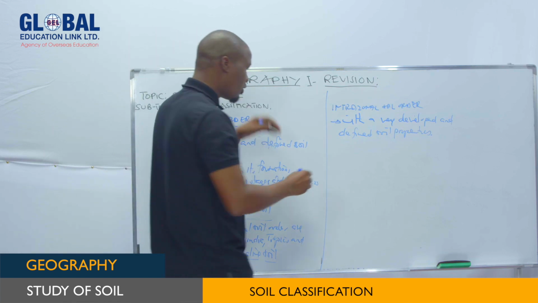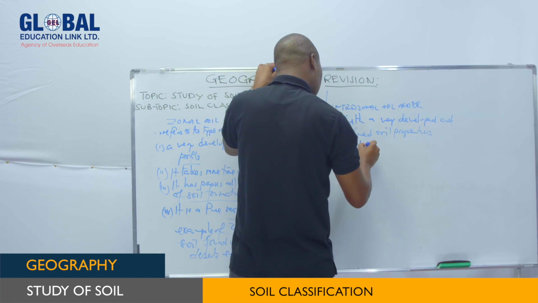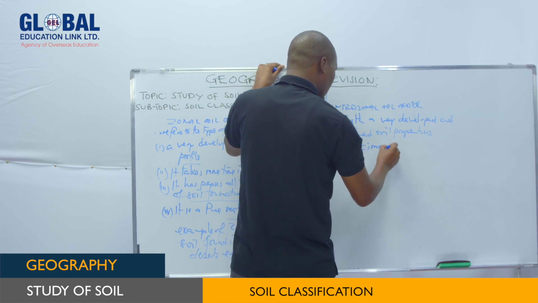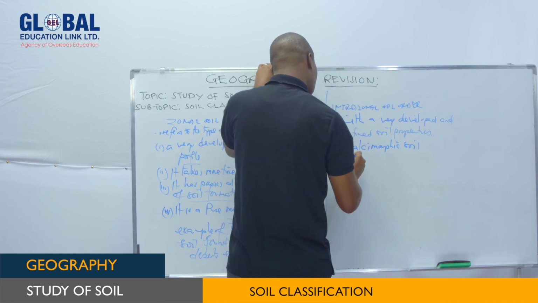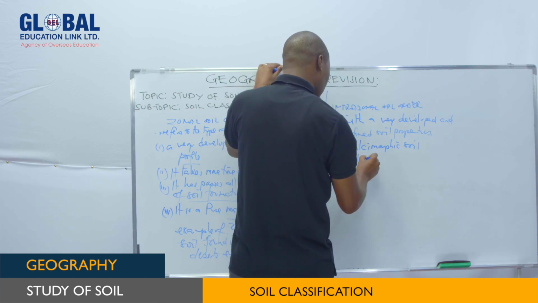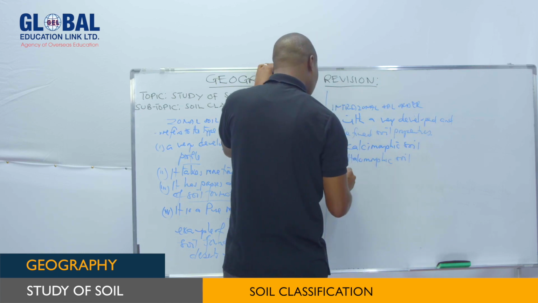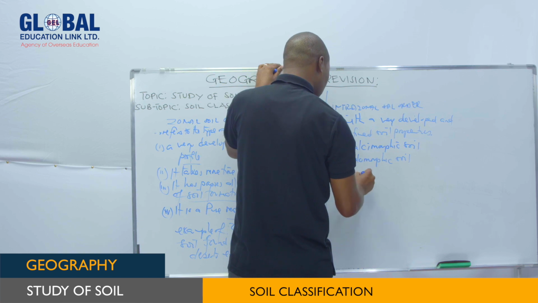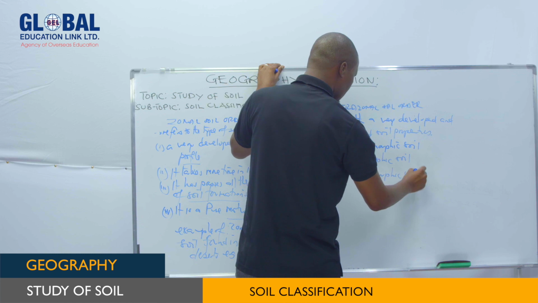Example of intrazonal soil order: we can classify them into three groups: the calcimorphic soil, the halomorphic soil, as well as the hydromorphic soil. Are we together?